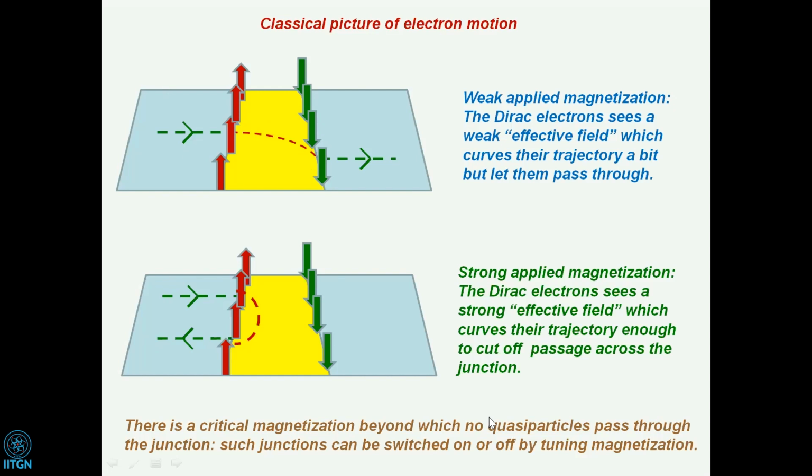This really cannot happen with a standard Schrödinger electron. So if you increase the strength of this magnetization, at some point these electrons essentially turn back and there is no conductance.